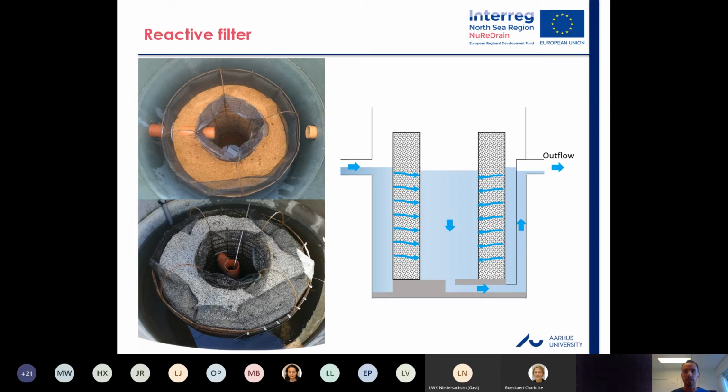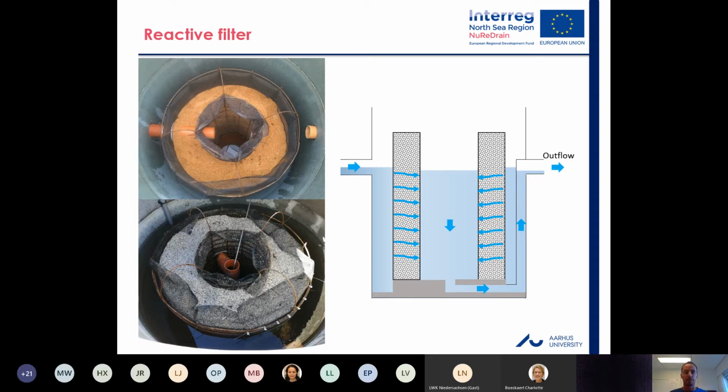As you can see in the cross-sectional view to the right, water enters from the left and then moves radially toward the inner part of the filter. And then it's collected at the bottom, and through a pipe, it reaches the outflow.